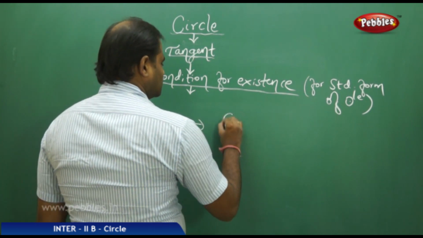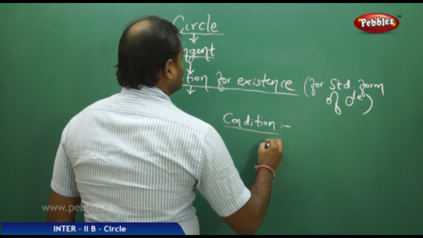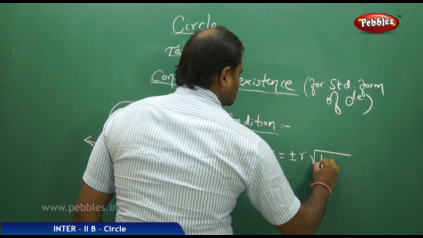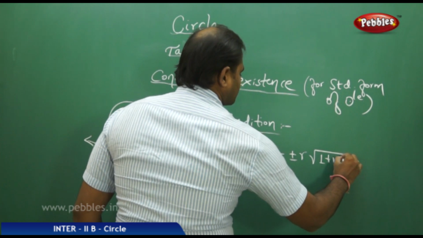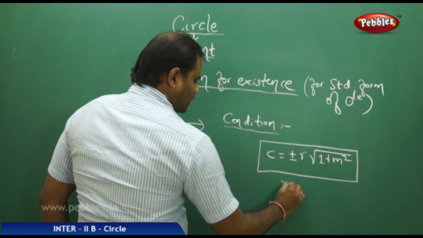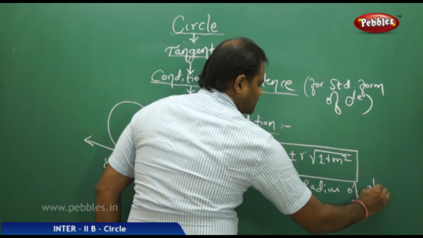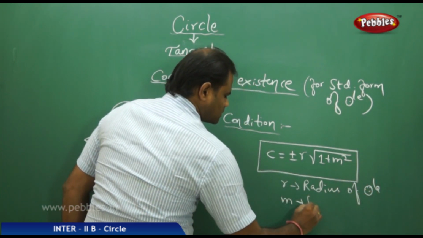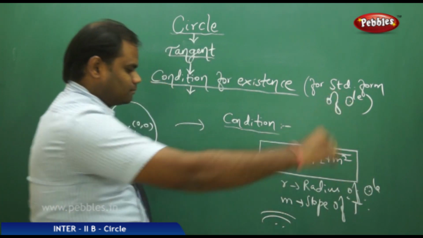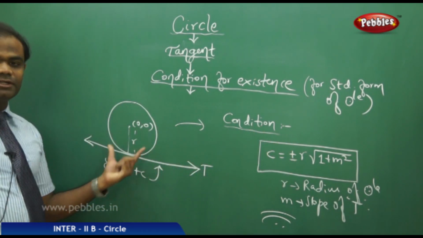So the condition here is that c must be equal to plus or minus r root 1 plus m square, where r is the radius of circle and m is the slope of line T.